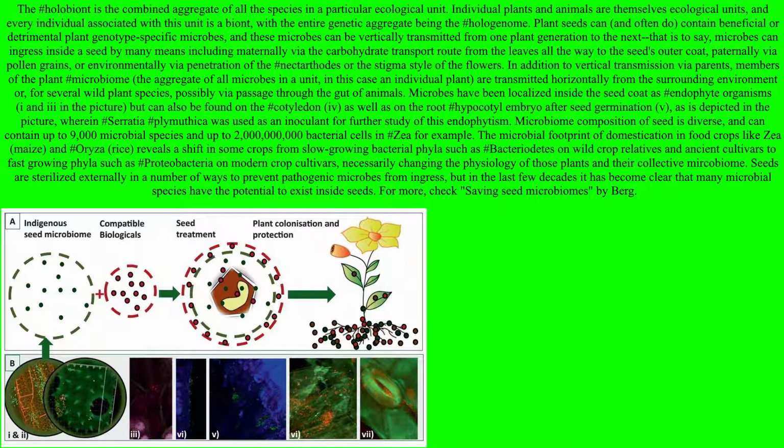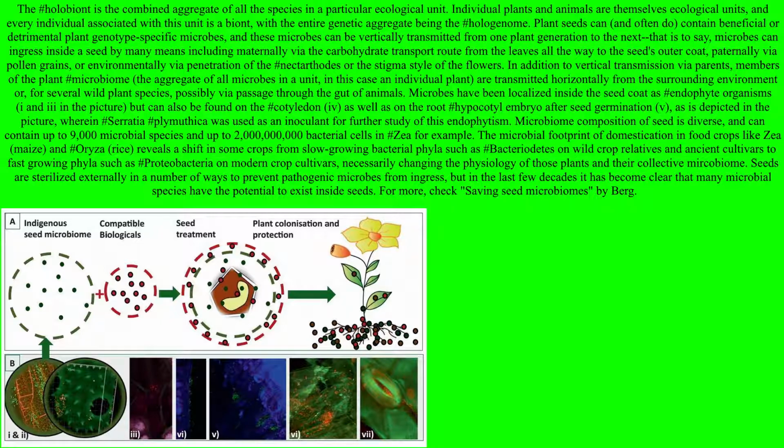Vertical transmission is from parent plant to baby plant to the next offspring to the seeds. Or for several wild plant species, possibly via passage through the gut of animals. Microbes have been localized inside the seed coat as endophyte organisms. Endo means inside, phyte means plant.